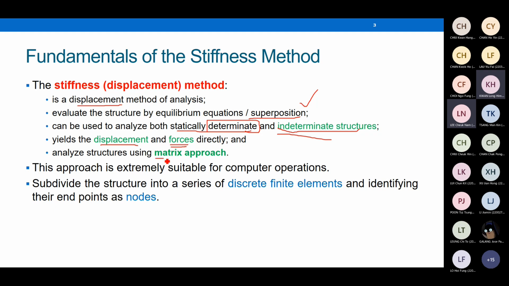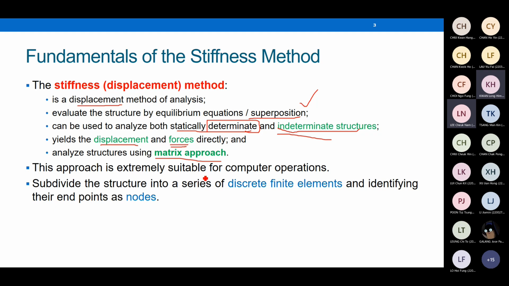And this is a matrix method. We convert a structural problem to a matrix equation. By solving the matrix equation, you get all the things, displacement and forces. At this moment, you have no idea why we use matrix, but after talking about the next part, you will know why we can convert the problems to matrix.